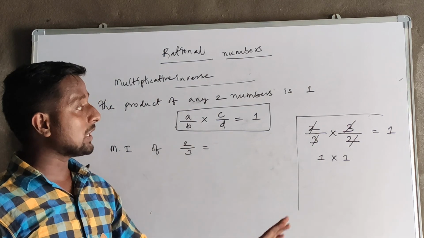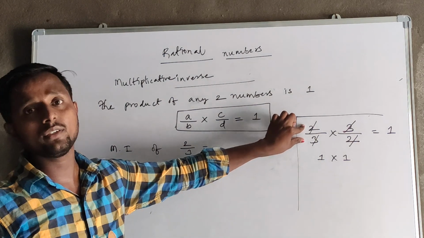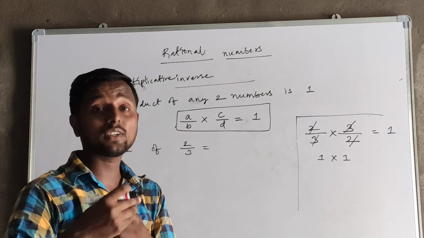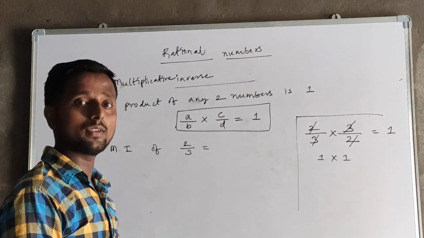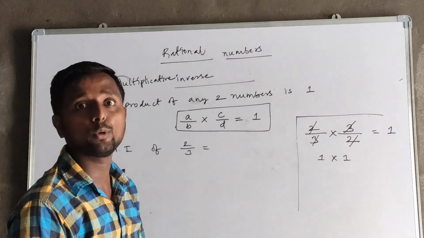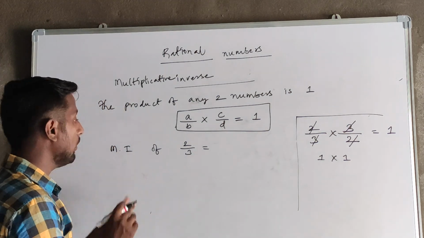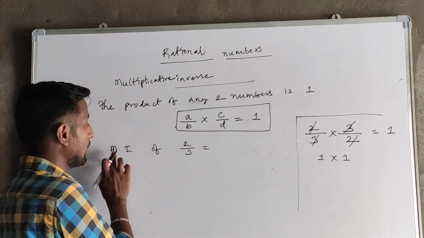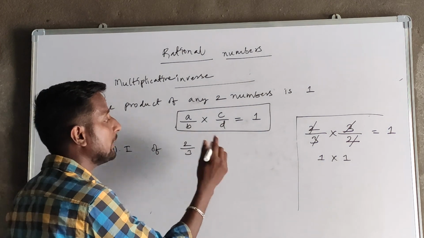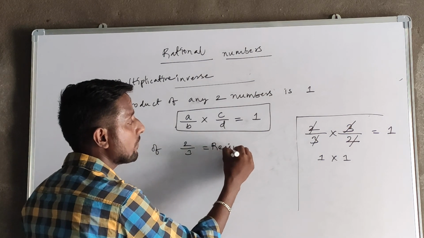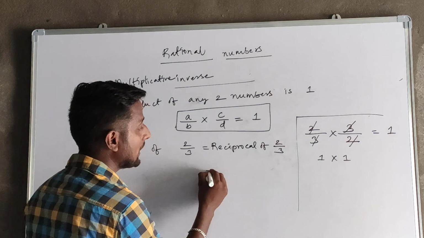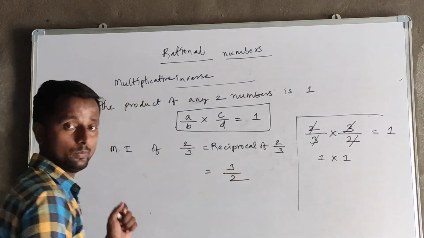That means what is the multiplicative inverse? The fraction 2 by 3 becomes 3 by 2, reversed. Yesterday we discussed that when a fraction is reversed, it is called the reciprocal. So the multiplicative inverse of 2 by 3 is nothing but the reciprocal of 2 by 3, that is 3 by 2.